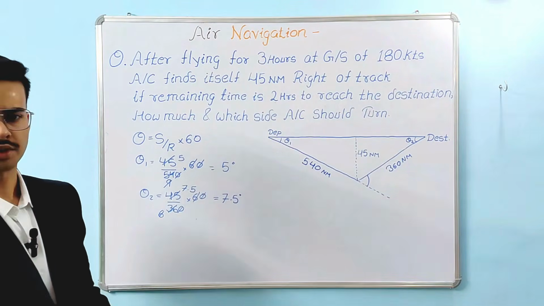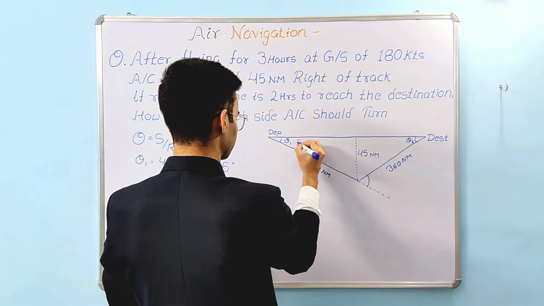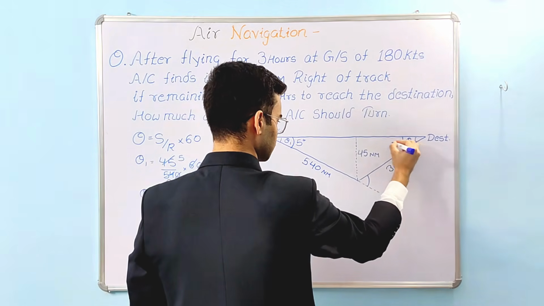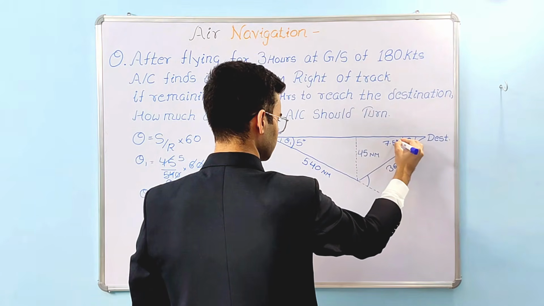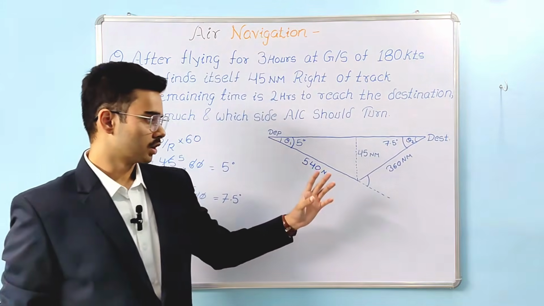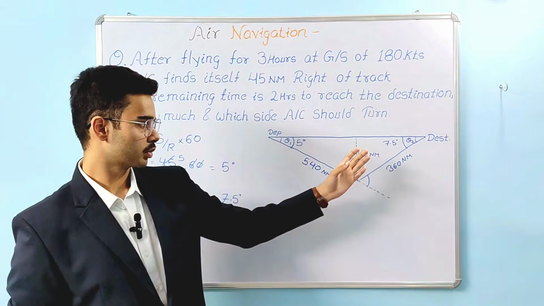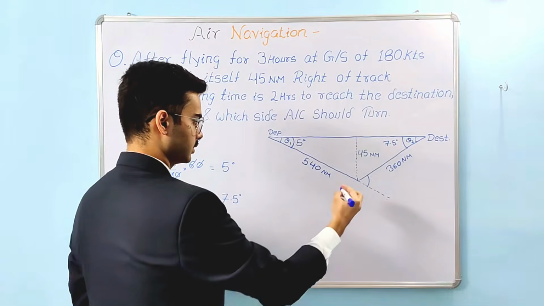Let's put it there so it's easy to understand. Now the external angle is the sum of the two interior angles, 7.5 plus 5, that gives us 12.5.